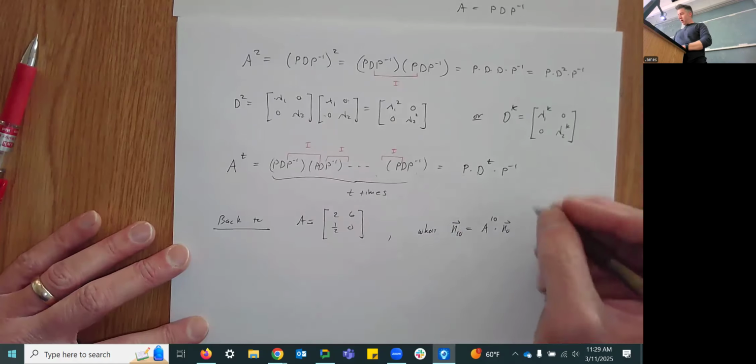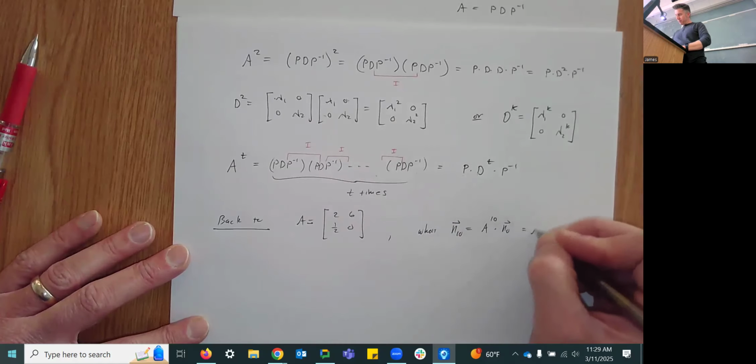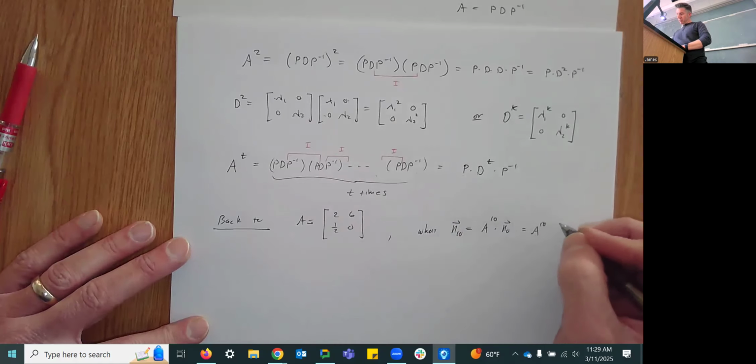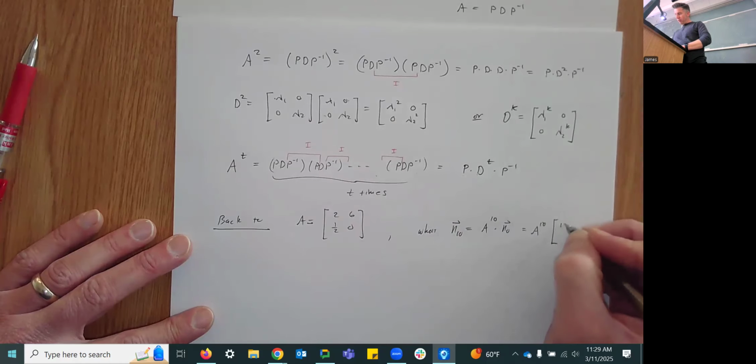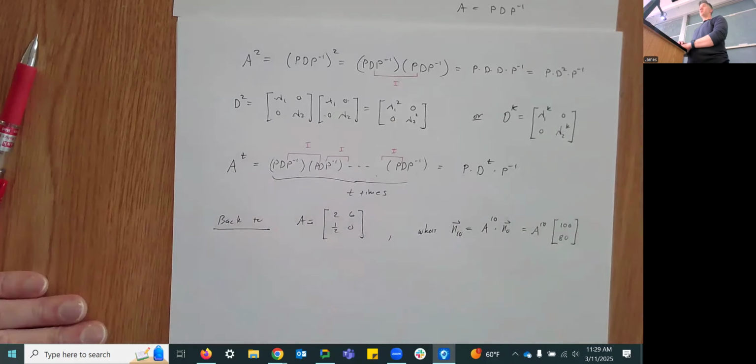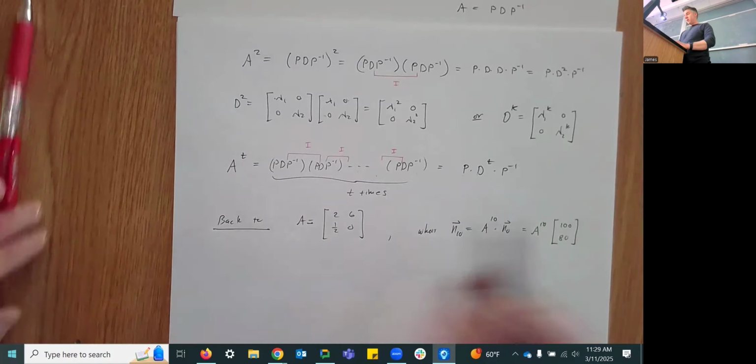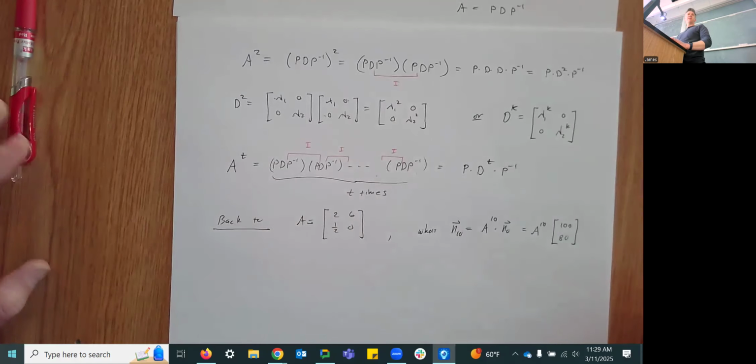A reminder, our n naught was the vector 180. So to do that, we're going to calculate A to the 10th power in this way here. It's a bit much still. We still have to find the eigenvalues, the eigenvectors, make this matrix P, find the P inverse. So it's still going to be some work.